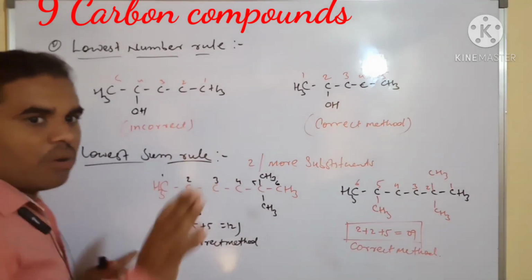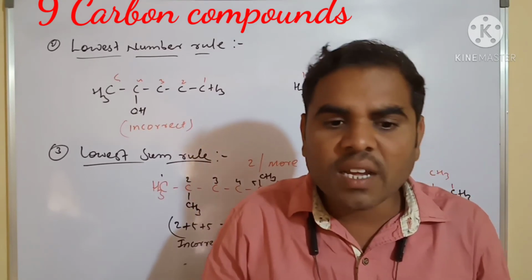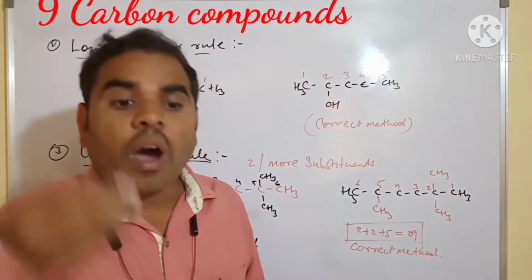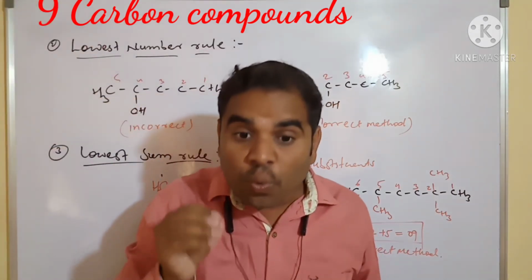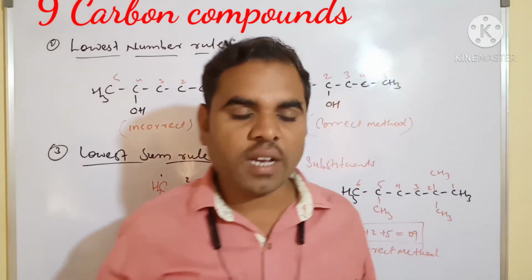Next we go to alphabetical order. What is alphabetical order? If 2 or more different groups are present, such groups are arranged in alphabetical order.